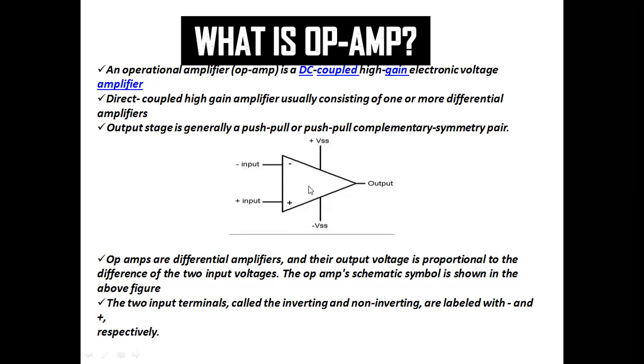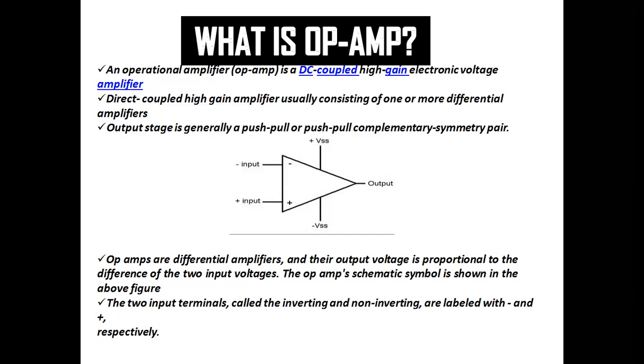So here, this is the symbol for the op-amp. The output stage is generally a push-pull or push-pull complementary symmetry pair, like we have seen in our first unit, MOSFET analysis. At that time, we saw different types of inverters, push-pull complementary symmetry.